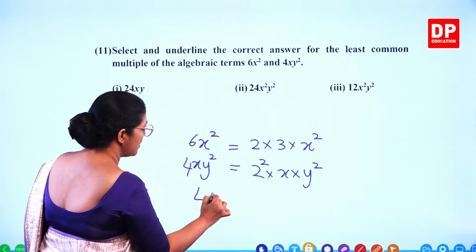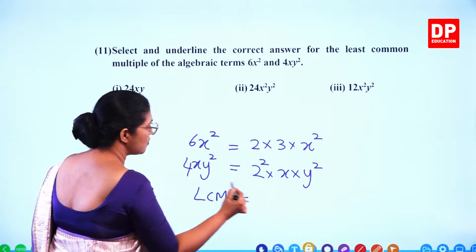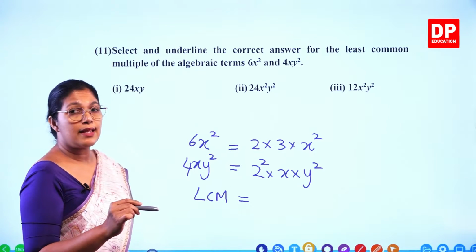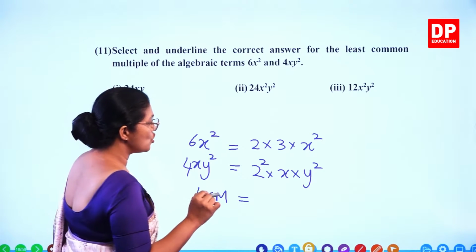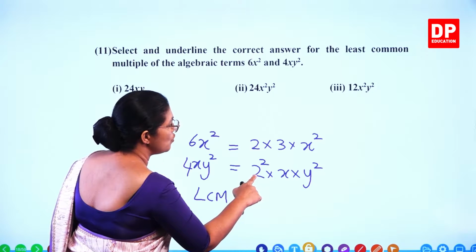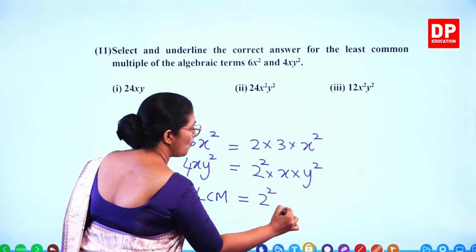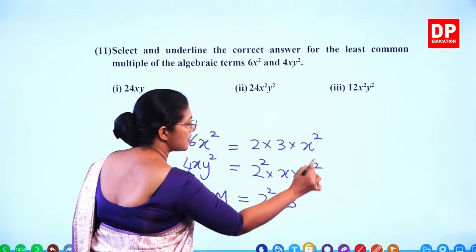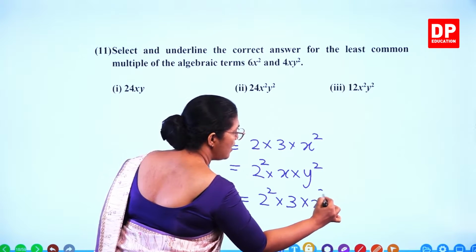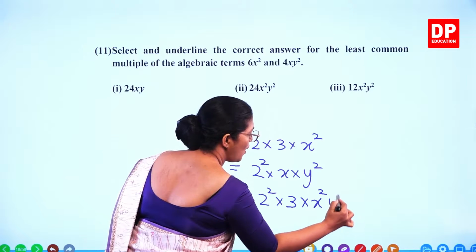Now when you are taking the lowest common multiple or least common multiple, you take the highest power of each factor. So when you take 2, you can take 2 to the power 2. 3, you get only once. X, the highest power is x squared. Y, the highest power is y squared.